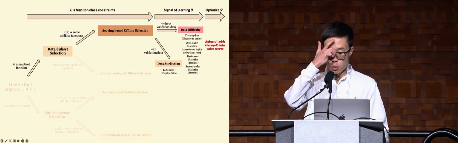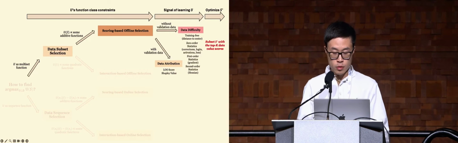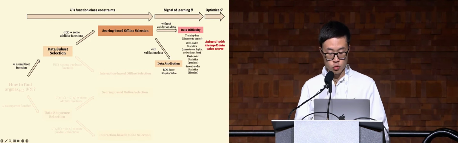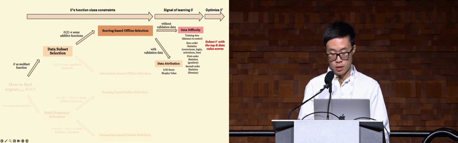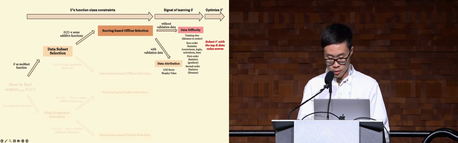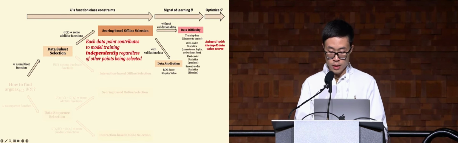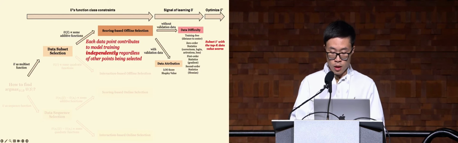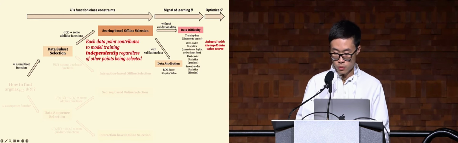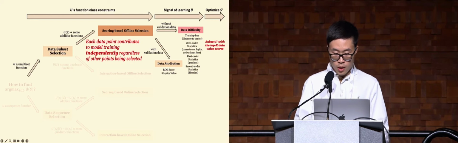Being able to directly query the actual utility function leads to the counterfactual-based approach that Ruoxi talked about in the last part of the tutorial, which includes examples like leave-one-out or influence function, as well as the Shapley value.